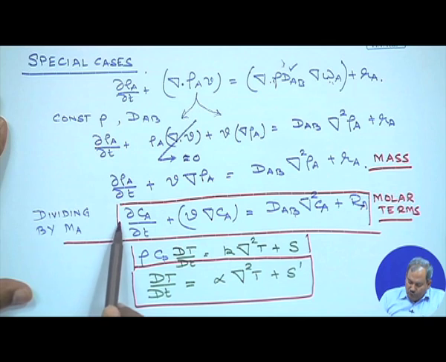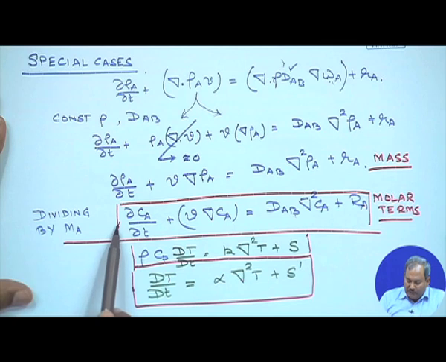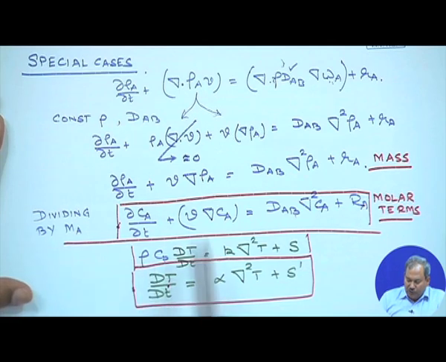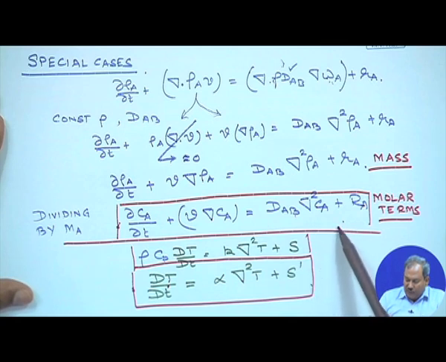So the two equations are fundamentally, conceptually identical, and this is the beginning of simultaneous identical treatment of mass transfer and heat transfer processes. The forms of the governing equations are absolutely the same.